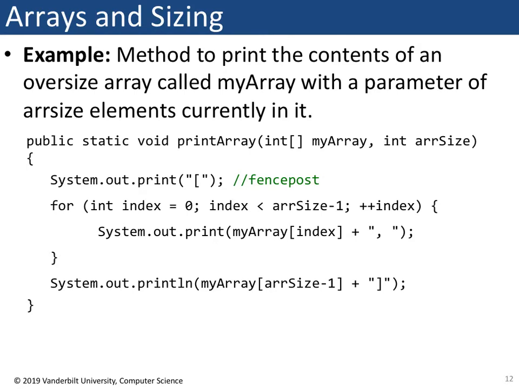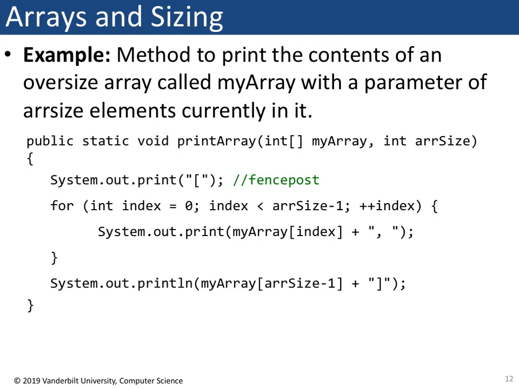Notice that this won't print out the very last element of the used portion of the array. That would be when index is equal to array size minus 1. However, we're requiring index to always be less than array size minus 1. The reason is because we're always going to print a comma after each of these elements.